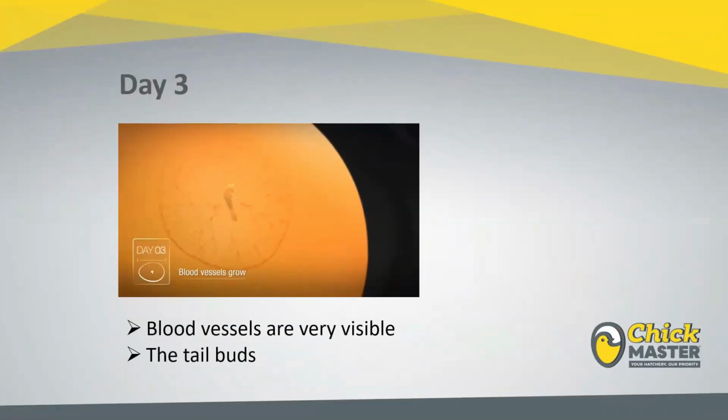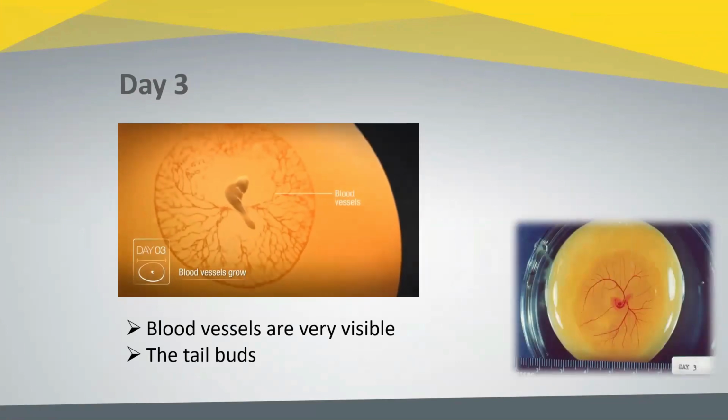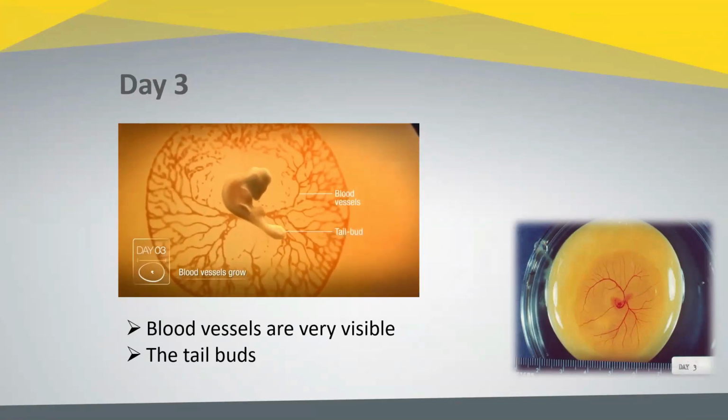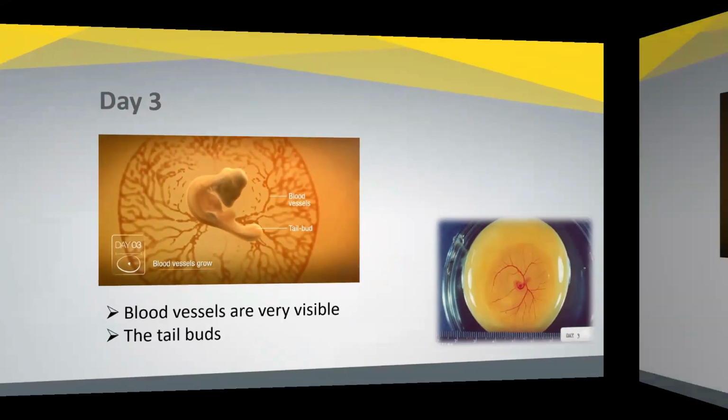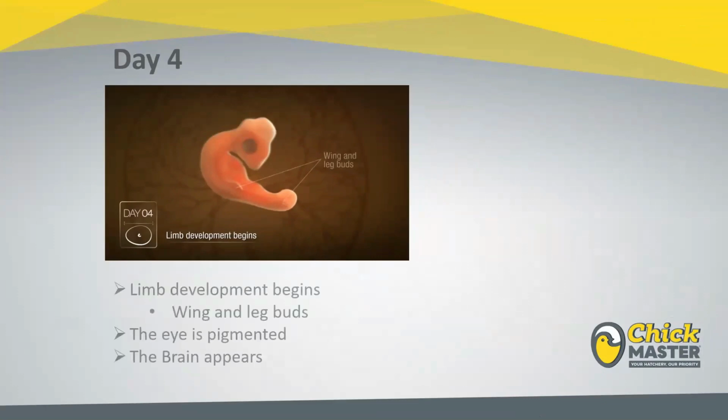So as we continue on to day three, we recognize that the blood vessels now are very visible, and that the tail buds. As we work into day four, limb development begins, wing and leg buds. The eye is pigmented and the brain appears.